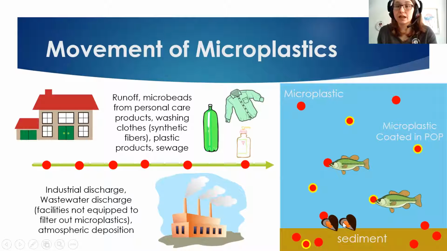And in a non-aquatic sense, microplastics that are 5 millimeters, some of them a little bigger, are the ones that are most commonly picked up and ingested by birds. So this is a really big problem that we're facing here.